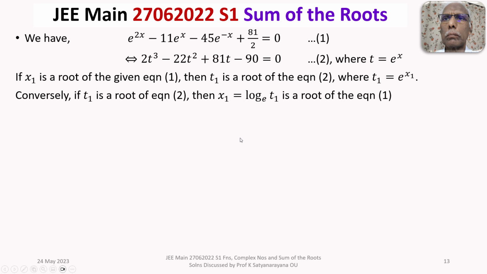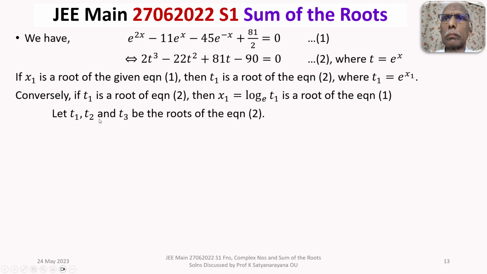Agreed. So let T1, T2, T3 be the roots of the equation 2. Because equation 2 is a cubic equation, by the fundamental theorem of algebra, it will admit 3 roots. Therefore, T1, T2 and T3 are the roots of the equation 2.